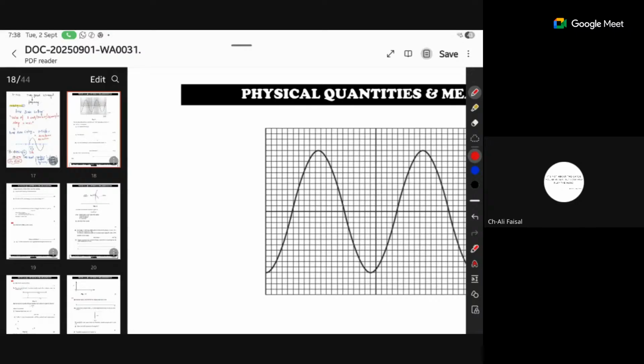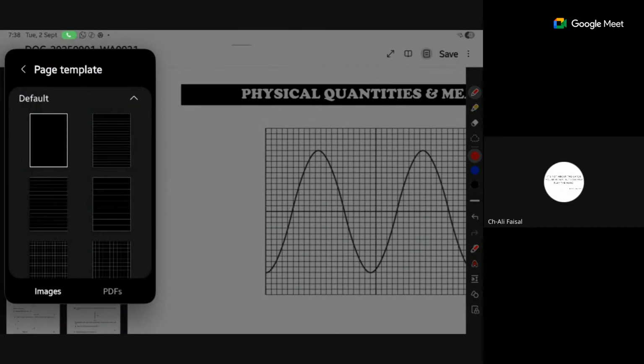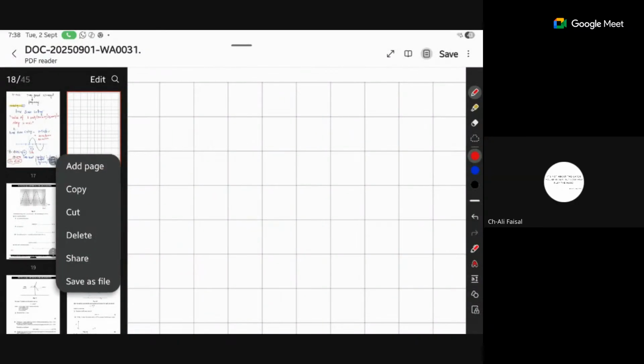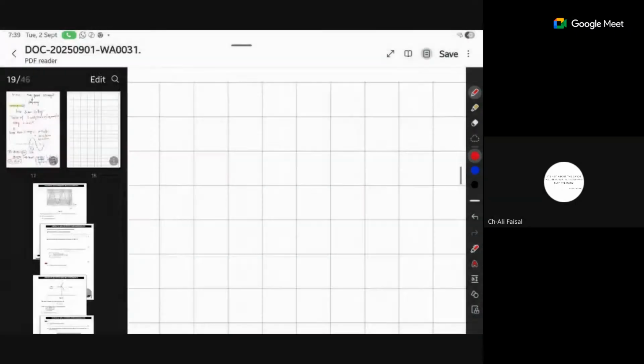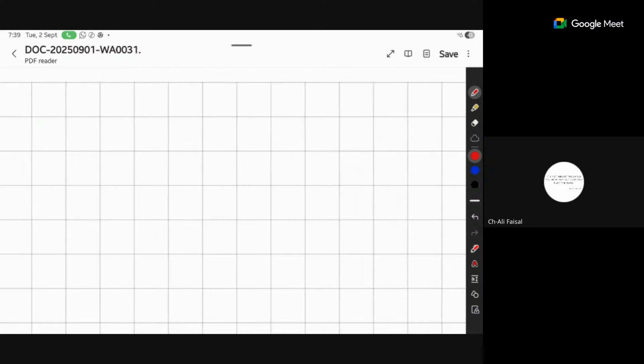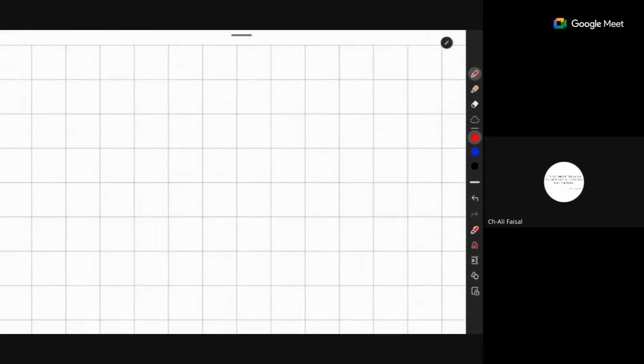Just let me add a page which has these grids, right? One more page with the grids. Because I'm teaching you CRO, I will need the grids. That is why I have just selected the page with the grid lines. Okay, is there any confusion in this one?